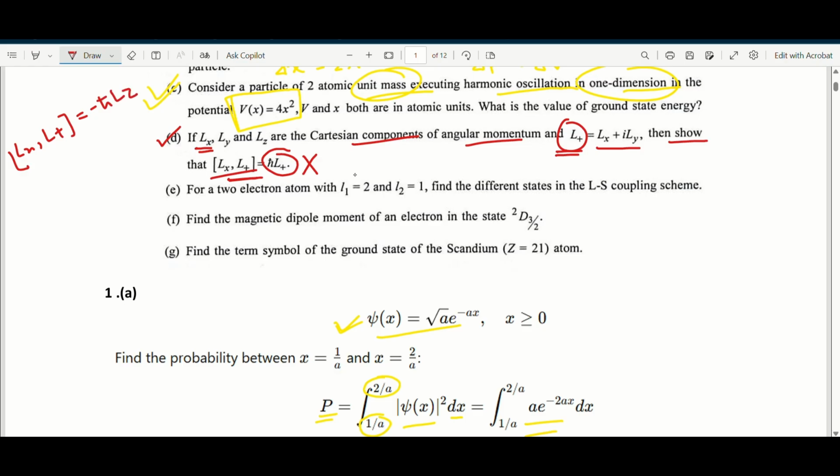If we find the commutation of Lz with L plus, then we get H cross L plus. So this question is wrong. If we need the commutation of Lx with L plus, we get minus H cross Lz. If we need the commutation of Lz with L plus, we get H cross L plus.